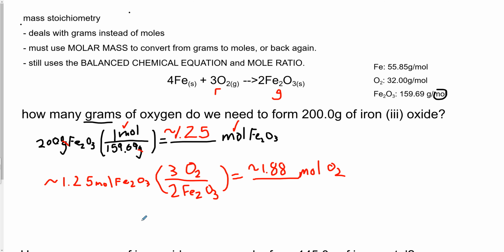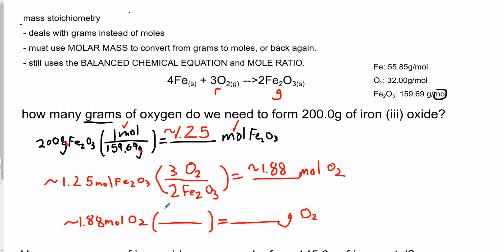So now we have to turn our mole of O2 into grams of O2. So we're going to use 1.88 mole of O2. And now we're using the molar mass, and we're going to get an answer in grams of O2, which is what the question wants from us.